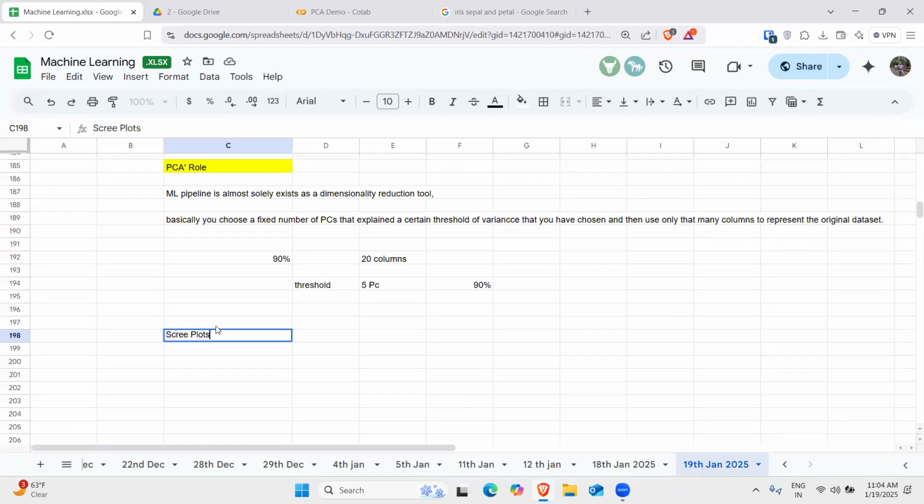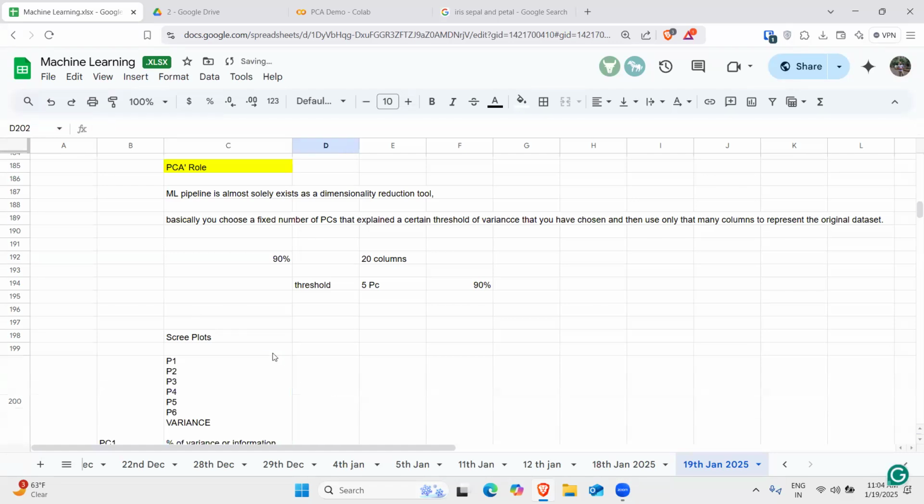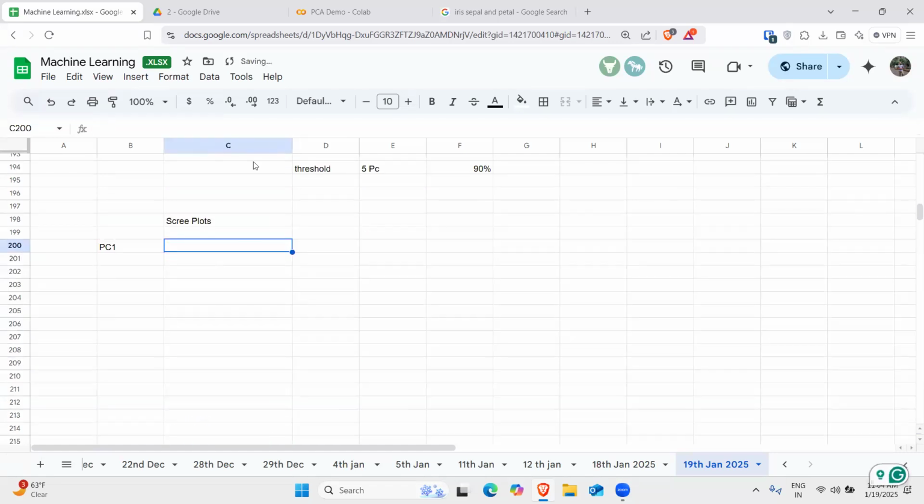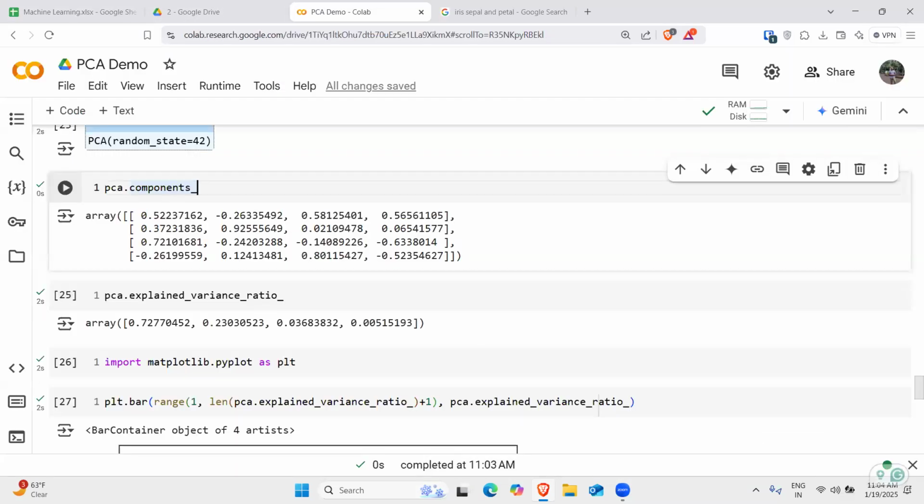Scree plots. Right. What is Scree plots? So PC1 is given by the direction 0.52. And whatever it may be, like you can get this, right? Let me take this.